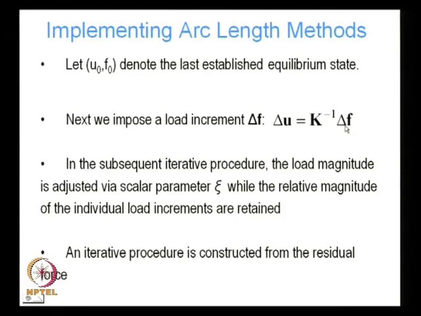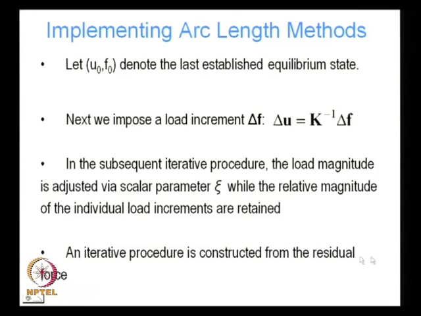I am prescribing delta f. I am increasing the load by delta f, but that delta f is a vector. It has many components. So, how am I going to scale that delta f to bring it to my converged state? Well, I am going to change the magnitude. I am going to keep the direction of the load vector the same and just scale its magnitude.